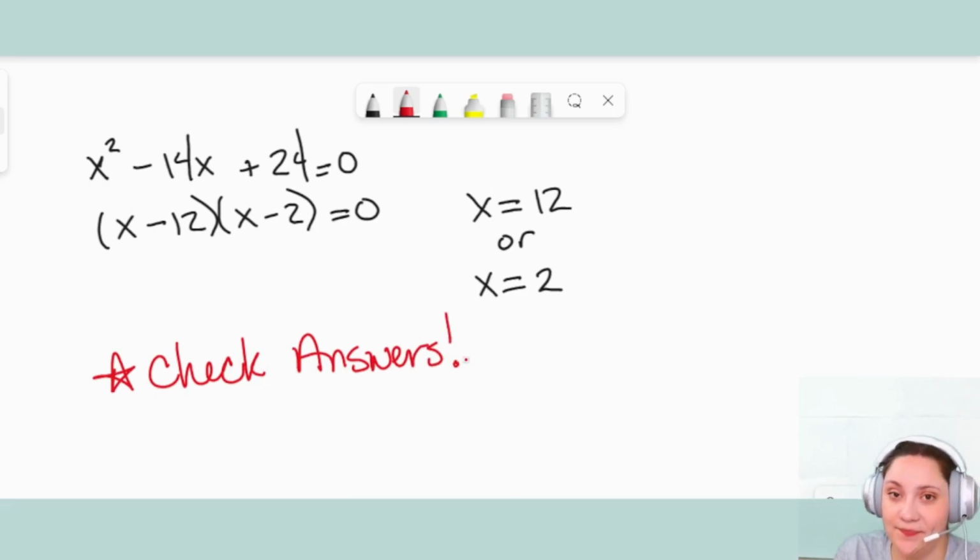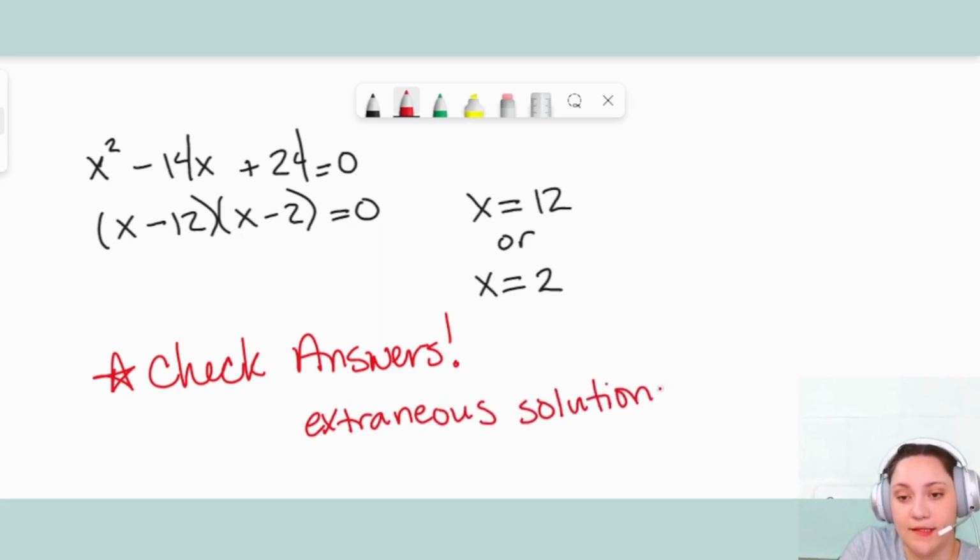And here's why. Sometimes, even if we are doing mathematically legal steps, every step of the way we've not made any mistakes, the fact that we started out with fractions and we're manipulating the equation can sometimes lead to what is called extraneous solutions.